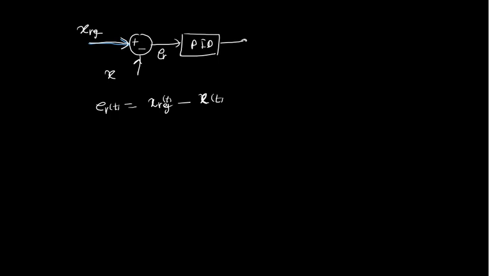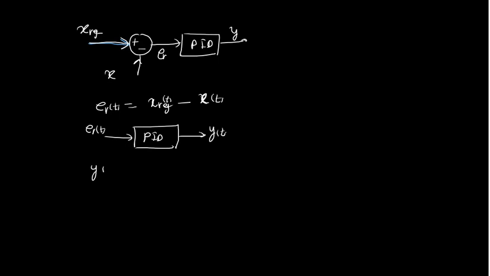So remember how we write that. Let's say the output is Y, and you are giving this error signal e(t) into this PID controller, and you are getting an output y(t).